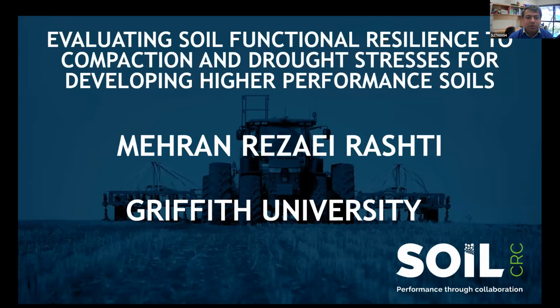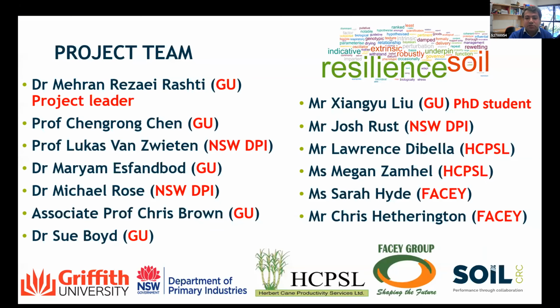So we ended up with a project we call Evaluating Soil Functional Resilience to Compaction and Drought Stresses for Developing Higher Performance Soils. In this project, we have researchers from Griffith University and New South Wales DPI, and we also work with two farming groups.